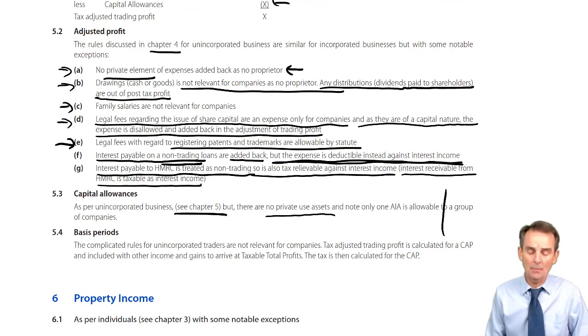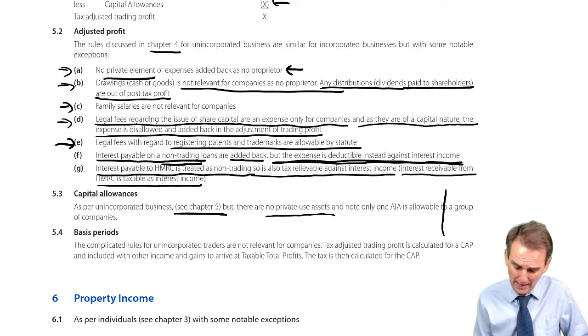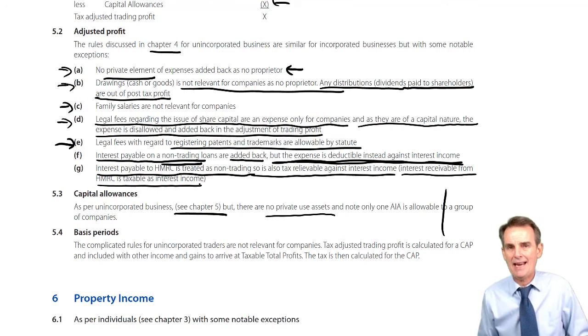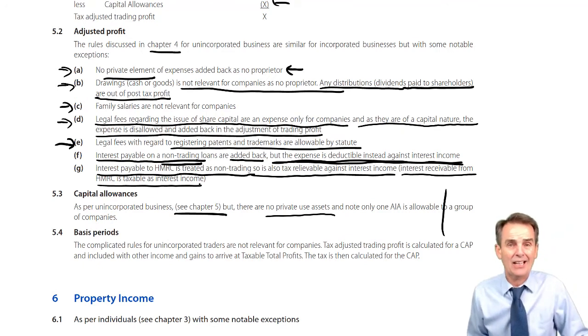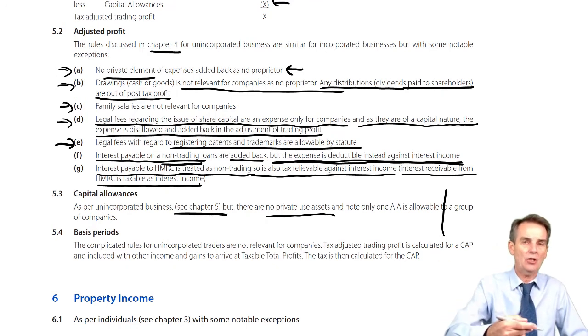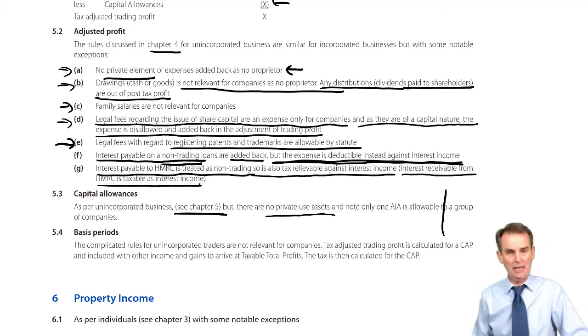But when it comes to companies, as we see here, if we've had interest payable to HMRC in relation to usually underpaid tax, late paying tax there, then on that basis, it's tax deductible against your interest income. Again, another part of the so-called non-trading loan relationship rules, but it goes against interest income. And if you've received a repayment supplement, interest on overpaid tax, then that's assessable as part of your interest income.